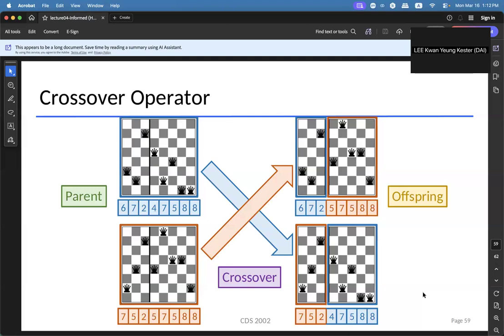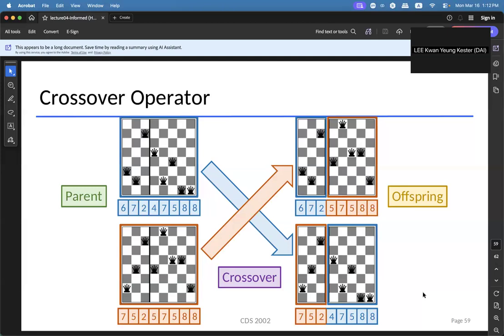So you can see here, we start with two candidate solutions that have higher objective values, and we chop the candidate solution vector into two halves. For these two candidate solutions, we have four segments in total, and then we combine them to generate two new candidate solutions.